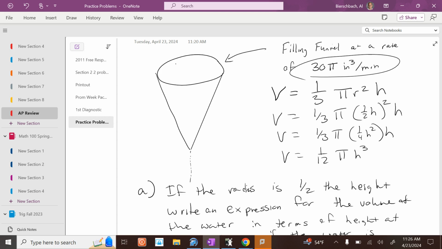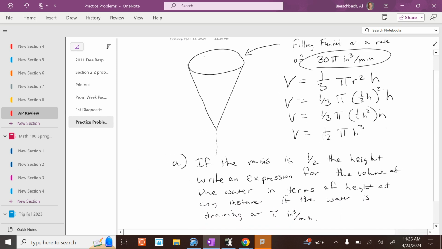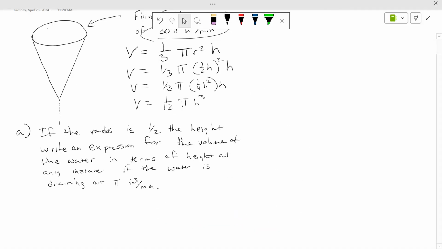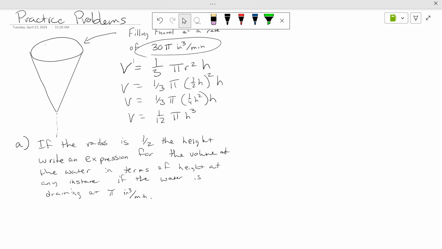So what do we do with rates on a problem like this? dV/dt, right? Because the rate that it's going in is the volume divided by the time, correct?